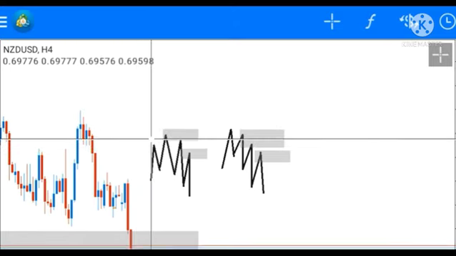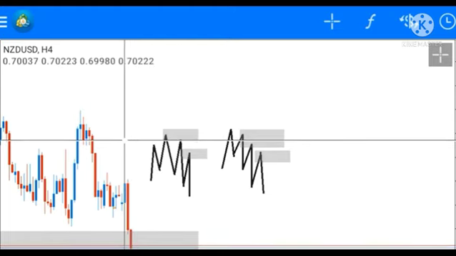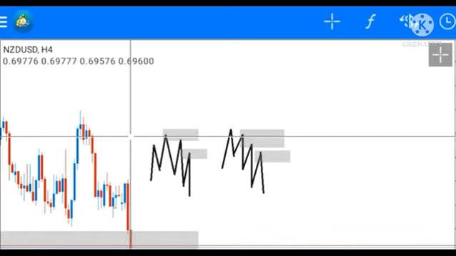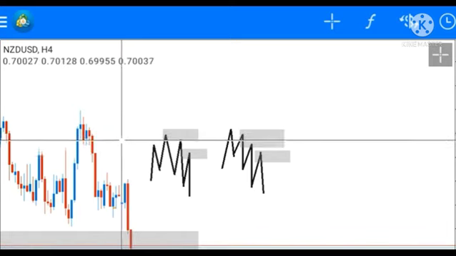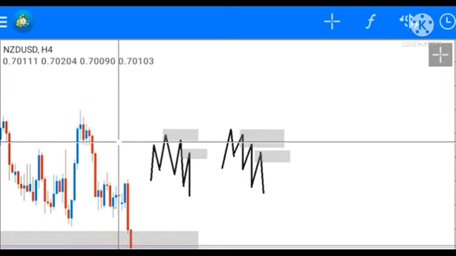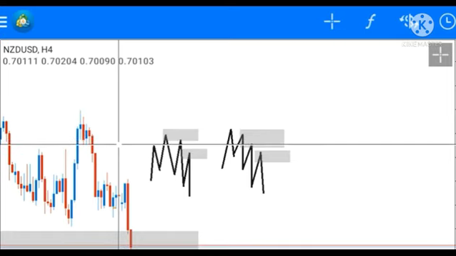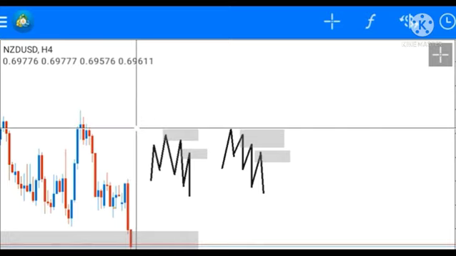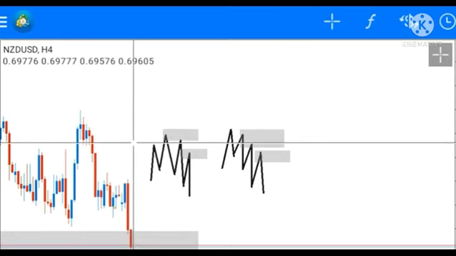They know that there is liquidity resting above this old high here. So they took price up to capture all the liquidity there, because retail traders who saw a violation of this old high believed that price was going to continue to rally up, and so they placed their buy orders and entered the market.